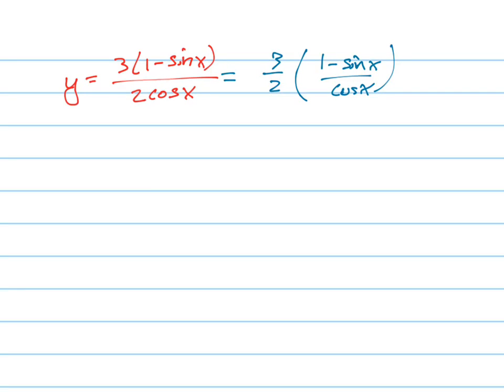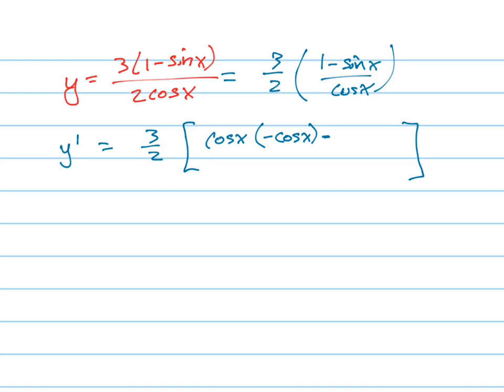Okay, so now when I take the derivative of this, I'm just going to pull the 3/2 out front, and I'm going to do the derivative of everything else. So the derivative is the quotient rule. Low d high, the derivative of the high is negative cosine x, right?